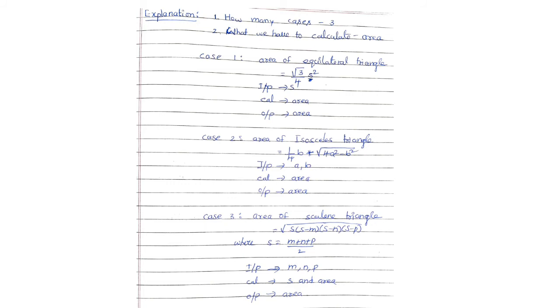Now here there is no constant, only m, n, p are the variables we have to take as input. Later we have to calculate s and the area of the triangle also. That's why I have written here input as m, n, p. And what we have to calculate here? First s, then the area of the scalene triangle. Next, we have to display the area of the scalene triangle in the third case.